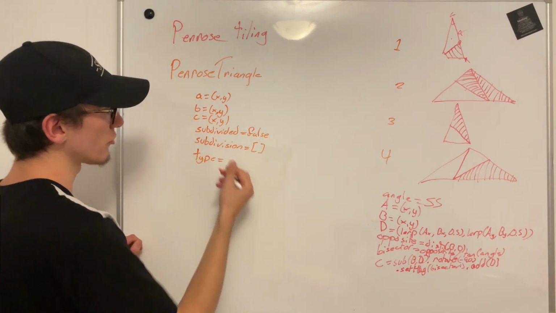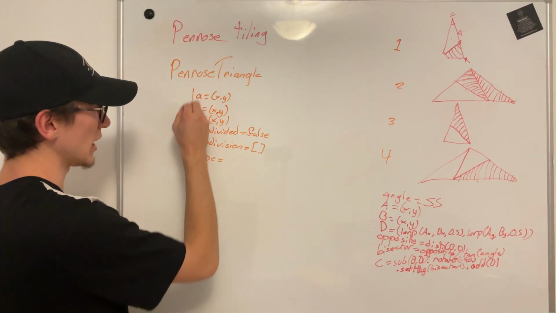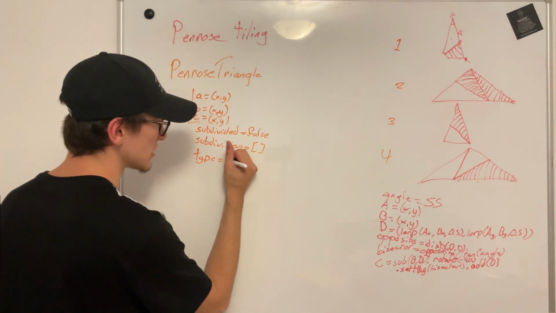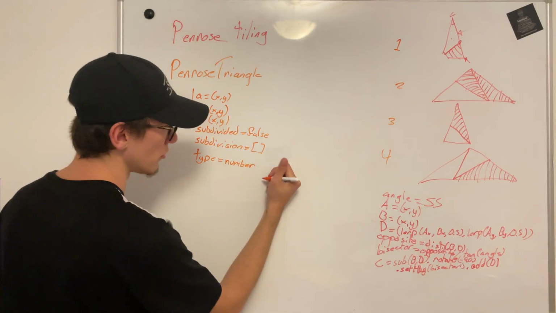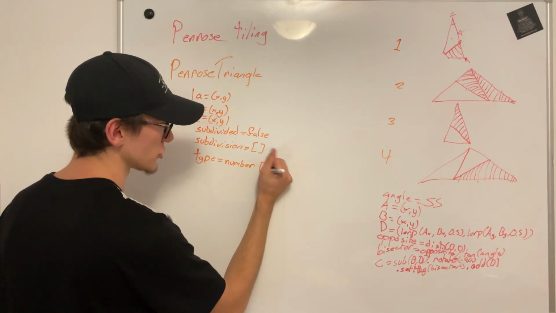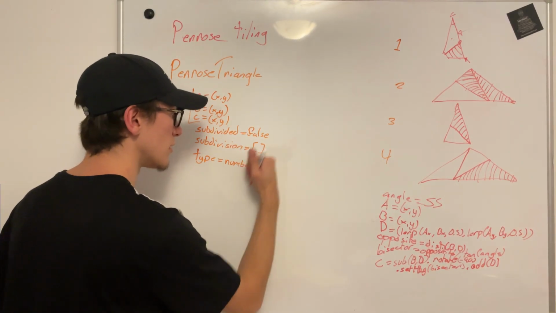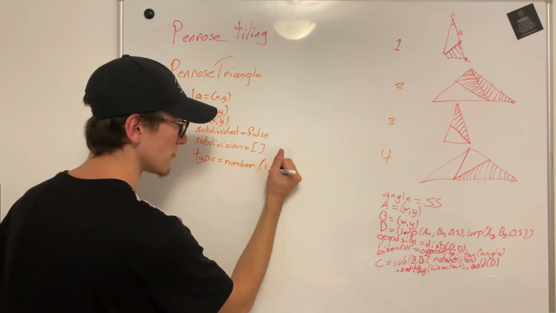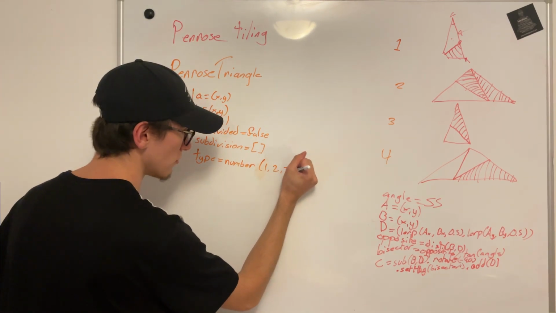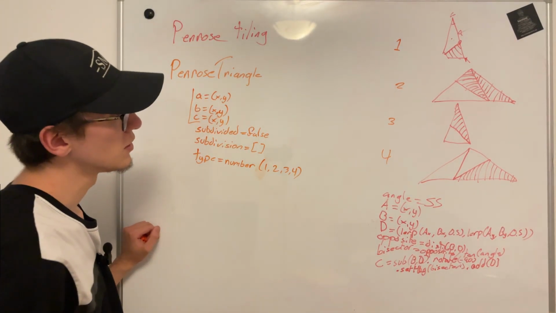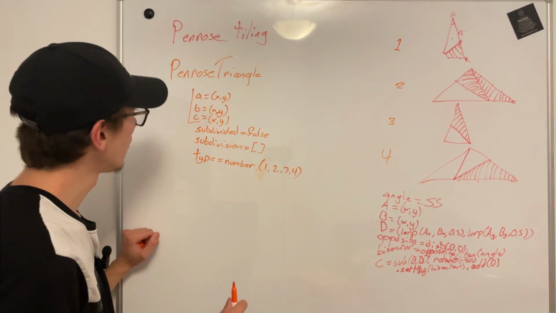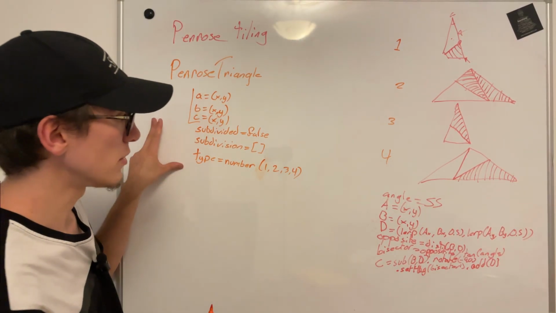So type will be provided by the constructor, the same as ABC, right? So it'll be some type of number. And I'll just put the list 1, 2, 3, or 4, one of those, valid. Great. So that is pretty much it, I believe.